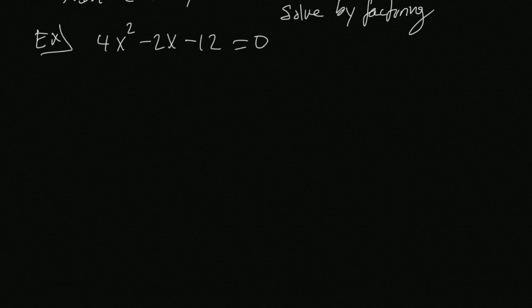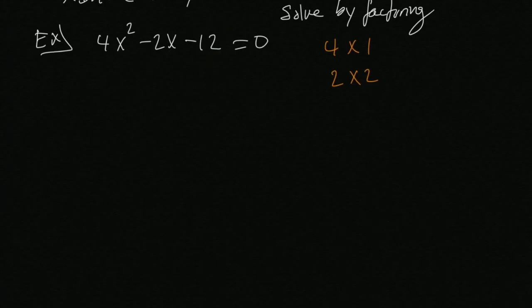First things first, I have the number 4 right here. The numbers that multiply to give me 4 are 4 times 1 and 2 times 2. On the other hand, I have the daunting 12 on the other side.